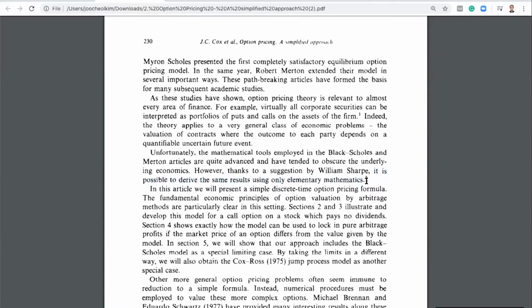I'm going to use their elementary mathematics, but as you read on, you can realize that it is not just elementary. At the end of the paper it's quite advanced, but up to the middle of the paper it is actually elementary. You only need plus and minus, multiplication, division, and some log and exponential, that kind of thing is enough.